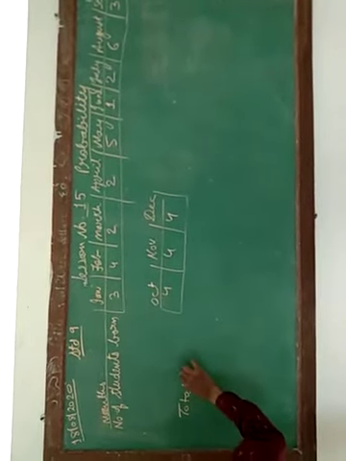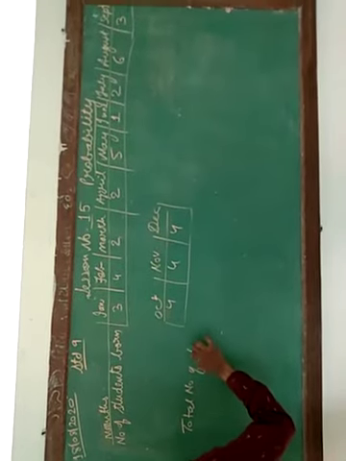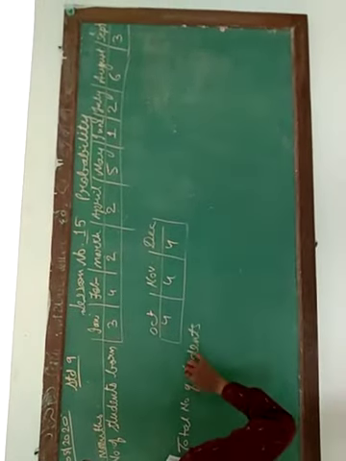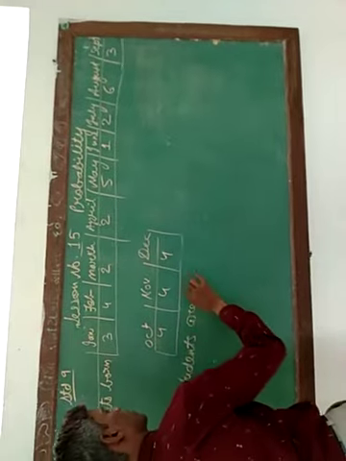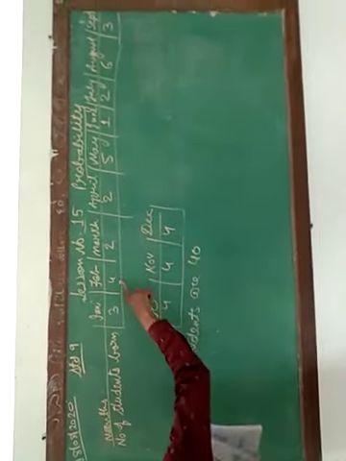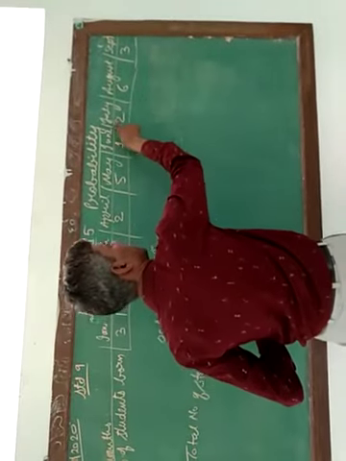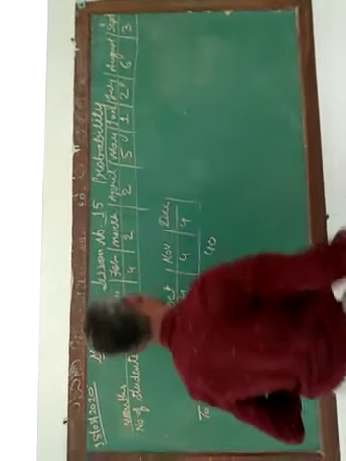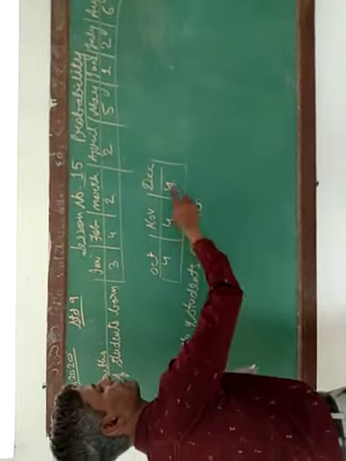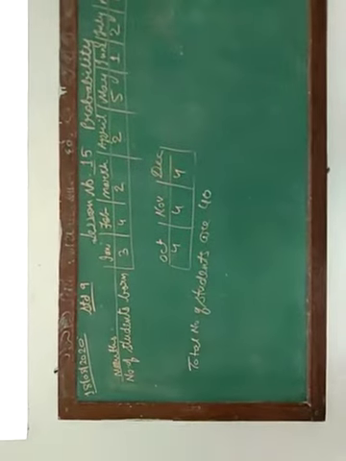Total number of students are 40. How? 3 plus 4 is 7, 8, 9, 10, 11, 16, 17, 18, 19, 25, 28, 32, 36 and 40. So the total number of students is 40.